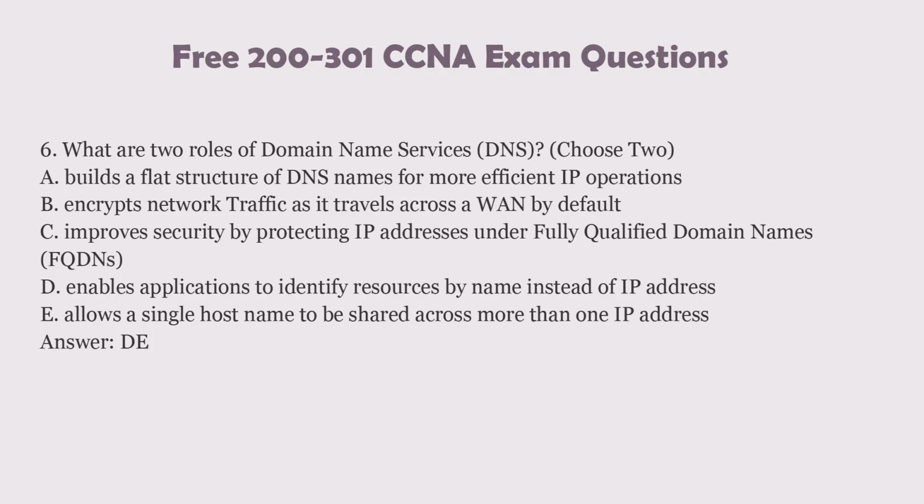C. Improves security by protecting IP addresses under fully qualified domain names, FQDNs. D. Enables applications to identify resources by name instead of IP address. E. Allows a single host name to be shared across more than one IP address. Answer: D.